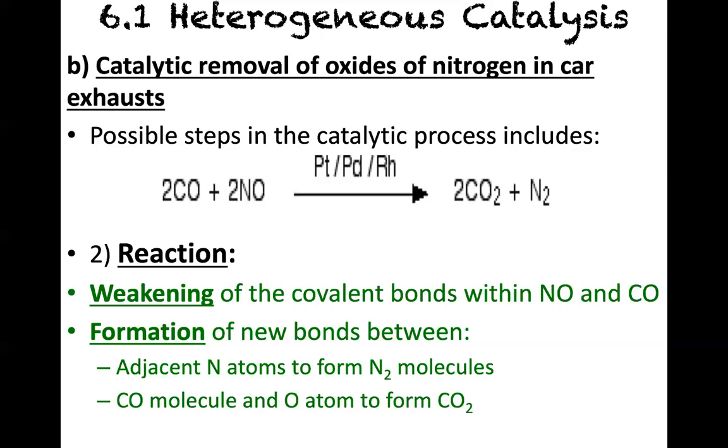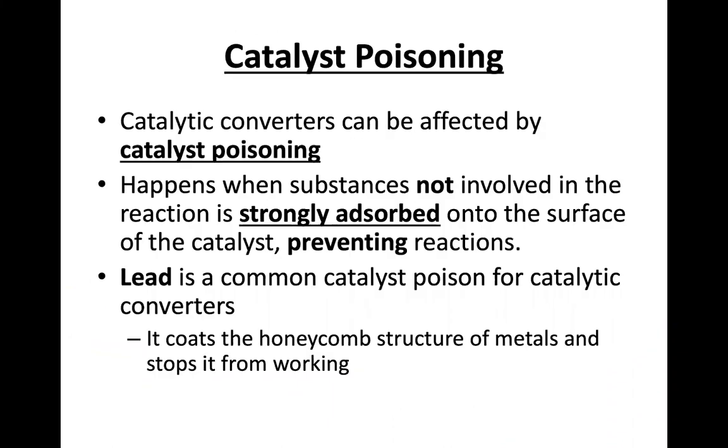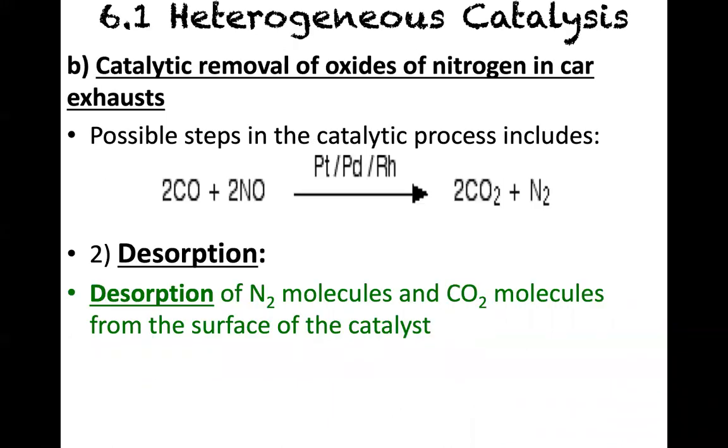You can't use the catalyst anymore because you have an unwanted product sticking onto your catalyst very strongly, okay? A common catalyst poison for catalytic converters is lead, okay? So lead will bind or adsorb itself strongly onto the catalyst until the catalyst cannot be used for its main reaction, okay?